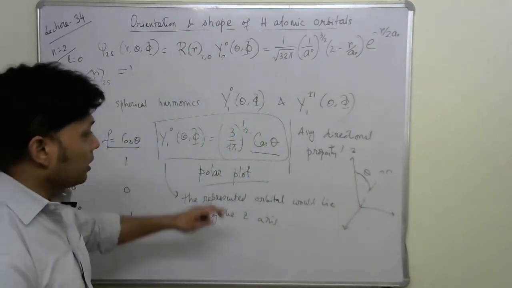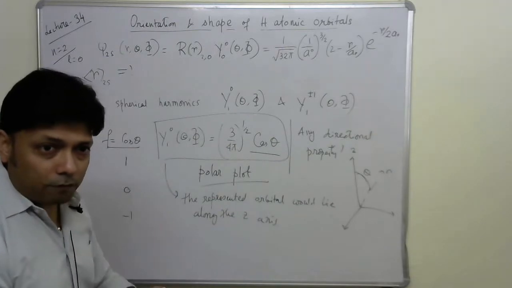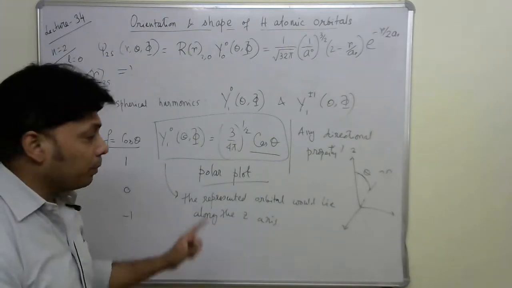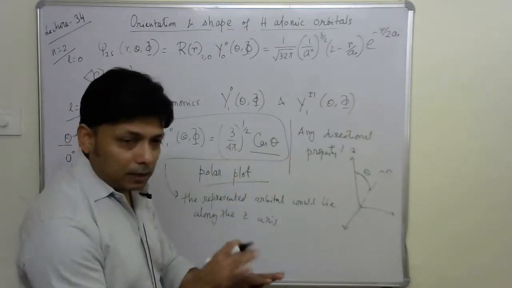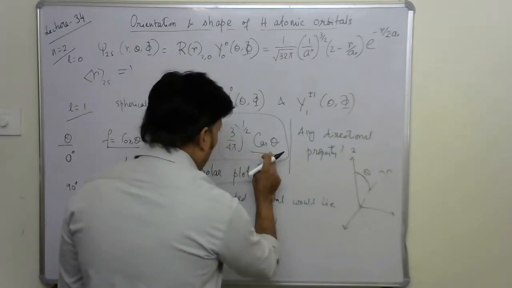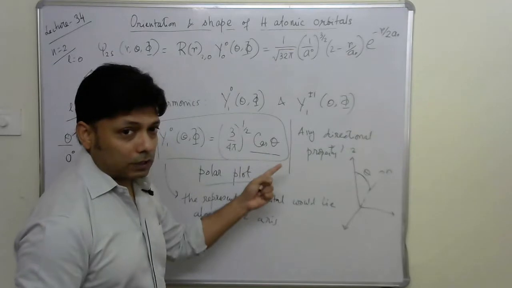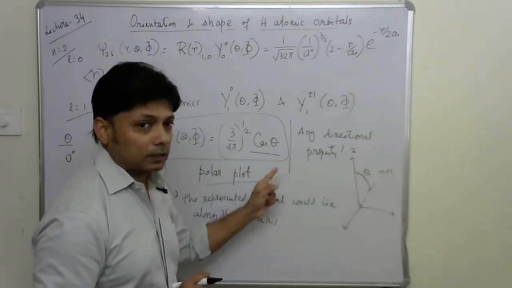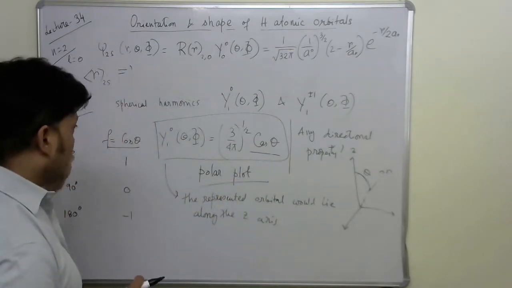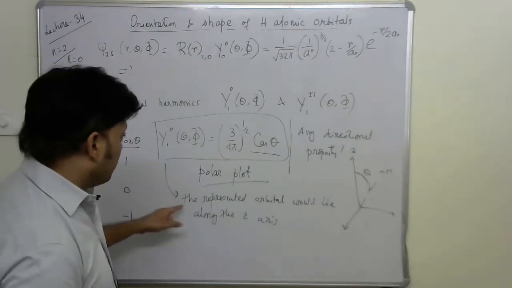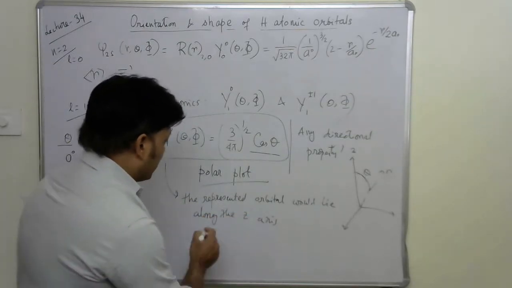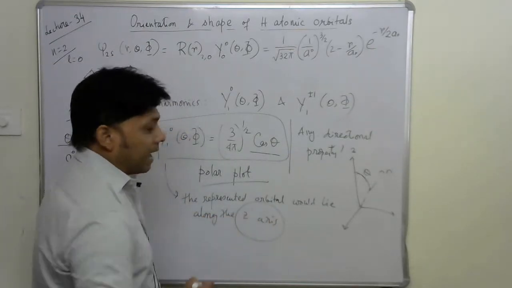This function is independent of phi. Once again, I repeat, it has only a cos theta value, only dependent on cos theta as a function of theta, not sin theta cos theta or sin theta. So we expect that the represented orbital is going to lie along the z-axis.